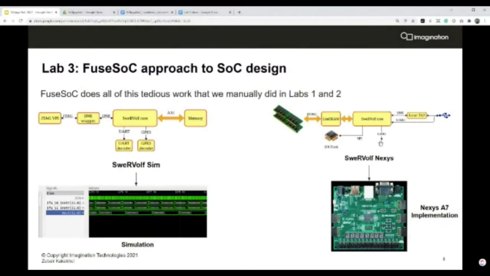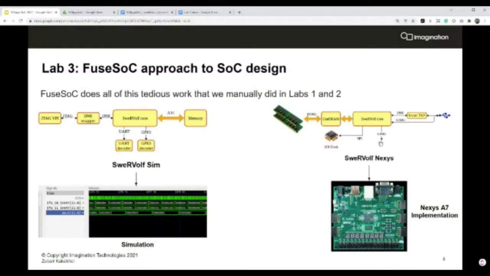So what is FuseSoC? Okay, FuseSoC is an open source package manager and a set of build tools that does just this. In Lab 3, it takes a description file. You say, okay FuseSoC, I'd like to connect this core and this I2C IP block and this DDR controller in this way, and you describe the SoC and you ask FuseSoC to do the hard work of connecting all the wires.